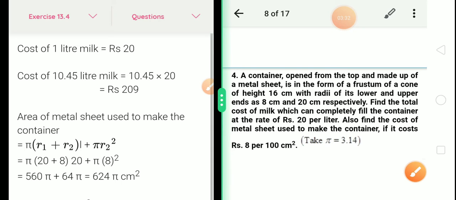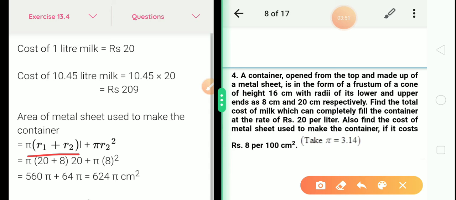Now we will find the area of the sheet. It is open from the top, so we will consider the lower radius, that is 8 cm. So area of the metal sheet is equal to CSA plus area of the lower base. CSA is pi into (R1 plus R2) into L, plus pi r square. So put the values: pi into (20 plus 8) into 20, slant height is 20, plus pi r square, that is pi into 8 square. 8 is the radius of the lower base.